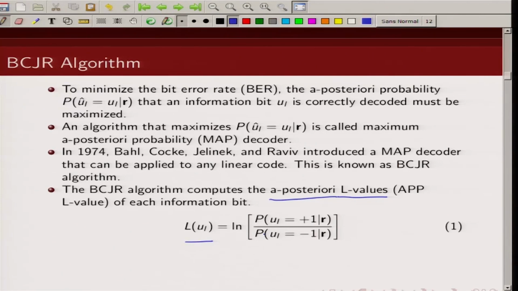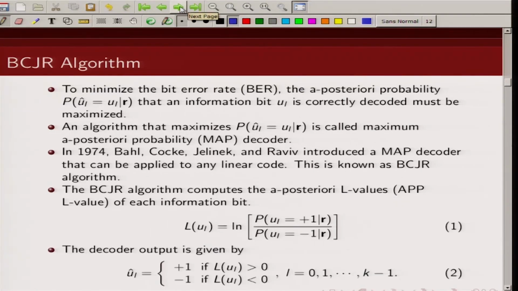Now, if this L value is greater than 0, then you decide in favor of U_L being plus 1, otherwise you decide in favor of U_L being minus 1. So, your decoder output will be plus 1 if the L value is greater than 0, otherwise minus 1.